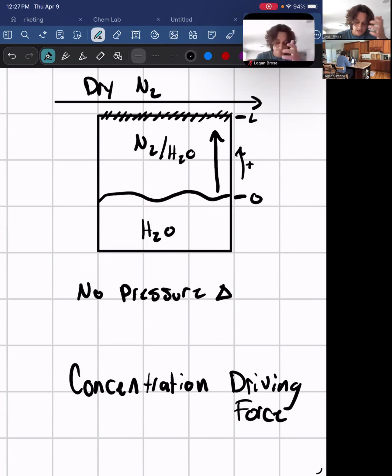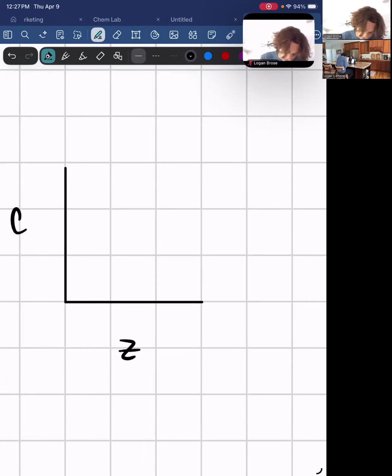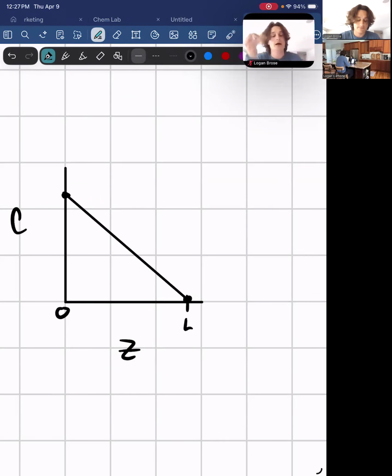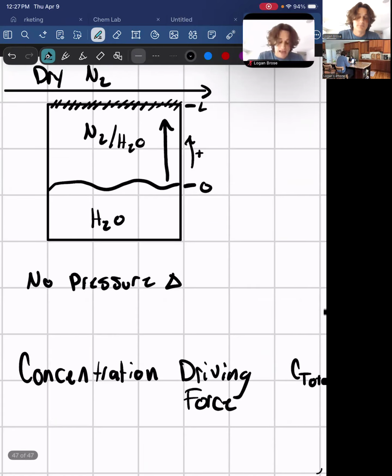If we try to graph concentration over distance, 0 to L, our highest point of water is going to be the pure water at the bottom, and we steadily decrease to basically 0 as we get up to L. Because we have dry nitrogen, as it goes up, we diffuse less and less.